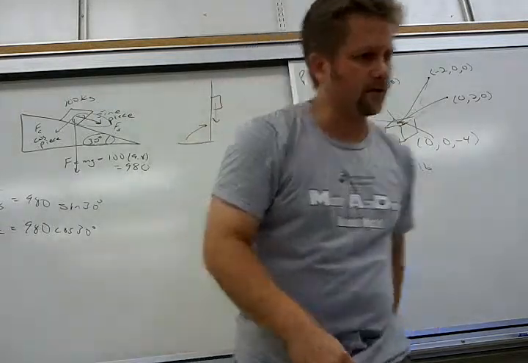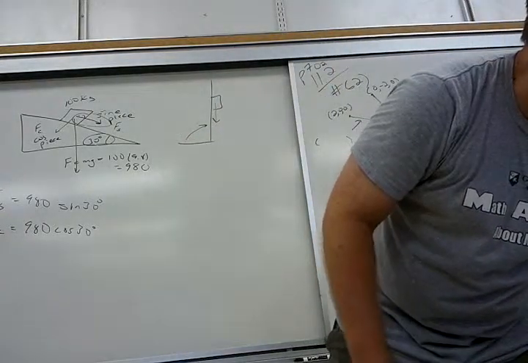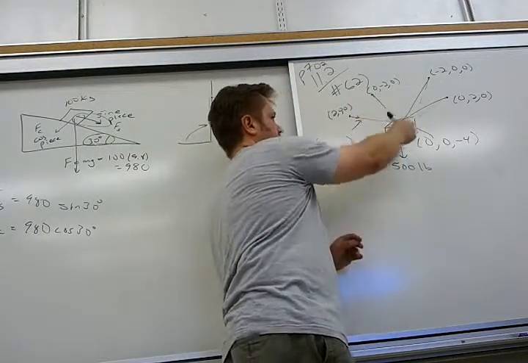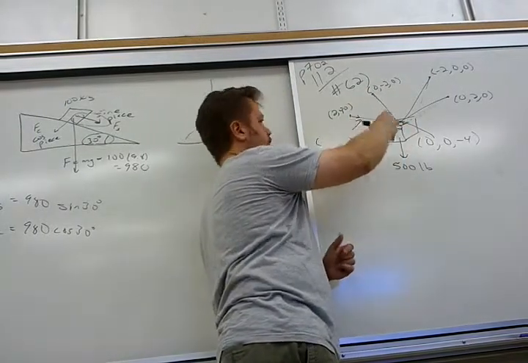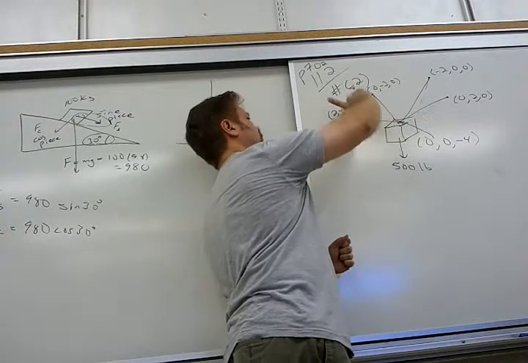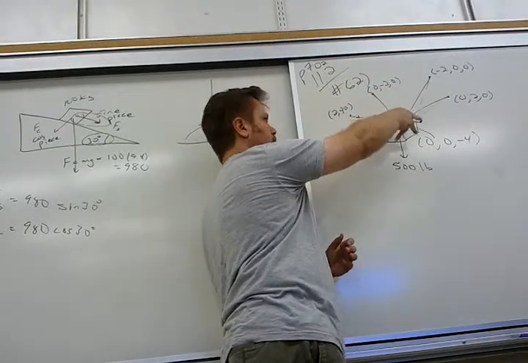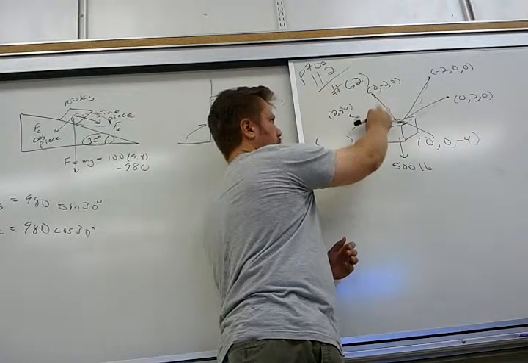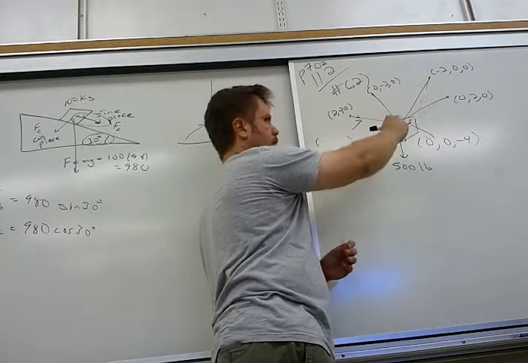I don't know if they really make a distinction. No, they say find the vectors showing the forces in the cables due to load. So I'd say down for this, because that's what's pulling on it, right? If you've taken any physics, you know about the counteracting force to keep it from falling. But here they're just talking about what force the rope actually experiences. How much is it pulling on it?